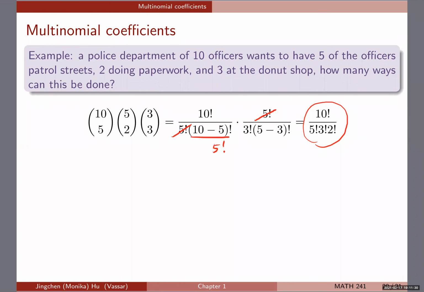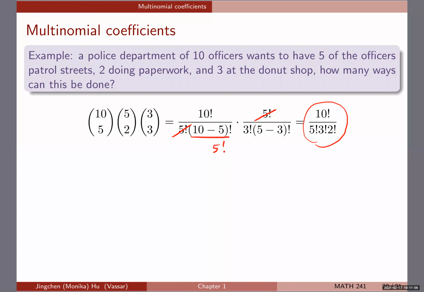If you remember, this is one of the permutation scenarios that we talked about. If we have n objects, some of them in one group, some of them in another group, then the total number of permutations in that kind of scenario is n factorial divided by n1 factorial times n2 factorial, etc. However, notice that here we're not doing permutation.